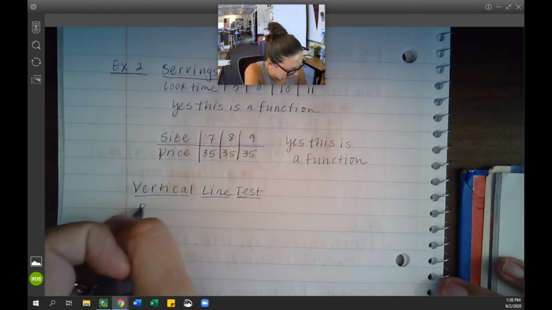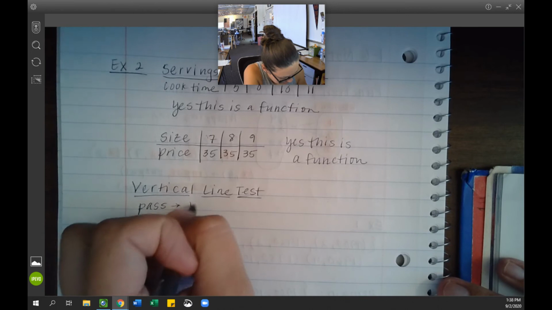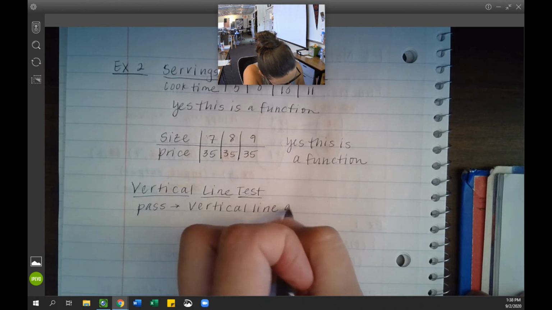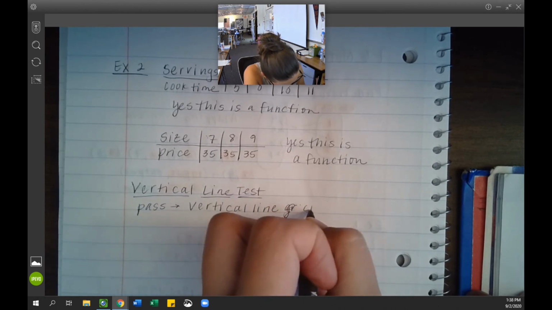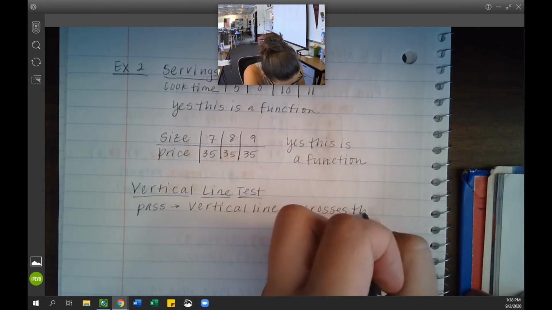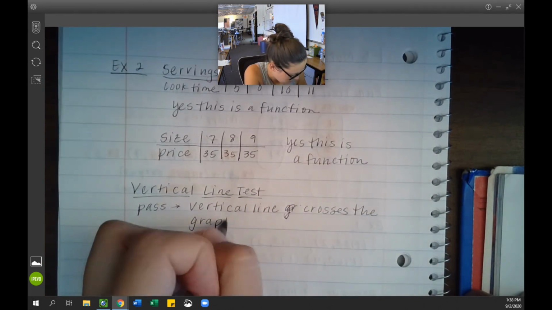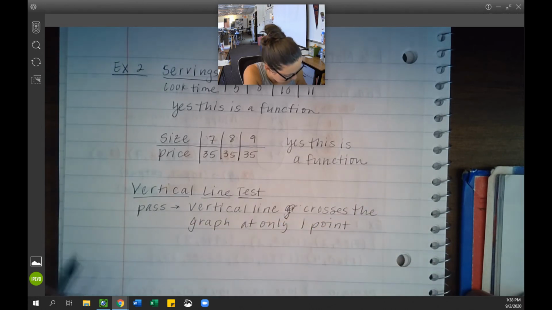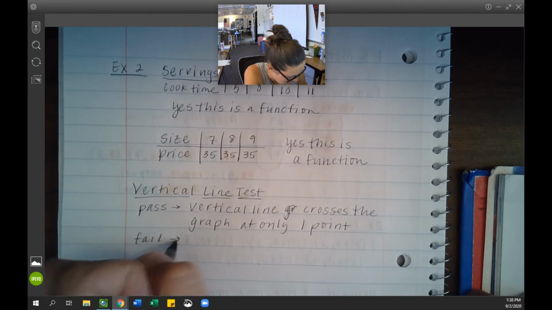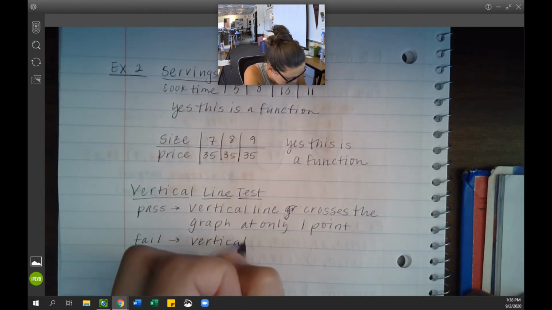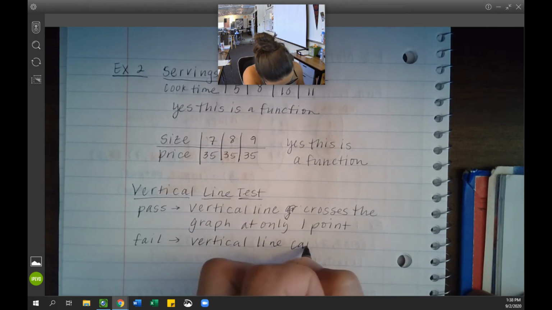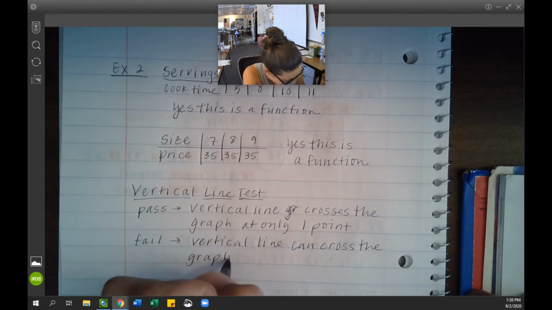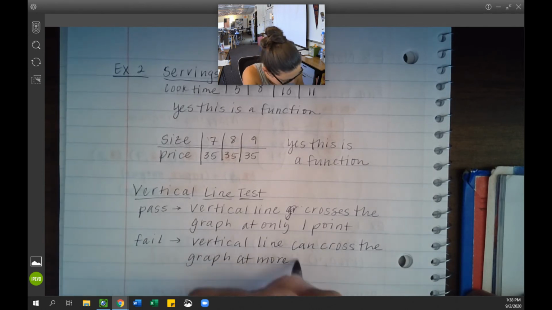So, a pass means that a vertical line crosses the graph at only one point. Fail means that the vertical line can cross the graph at more than 1 point.